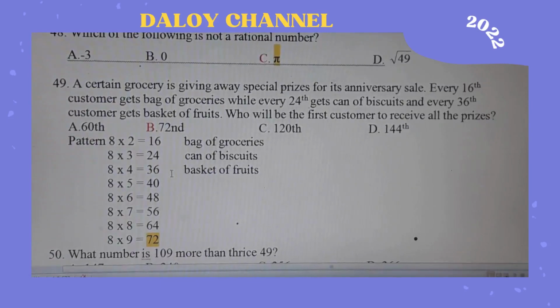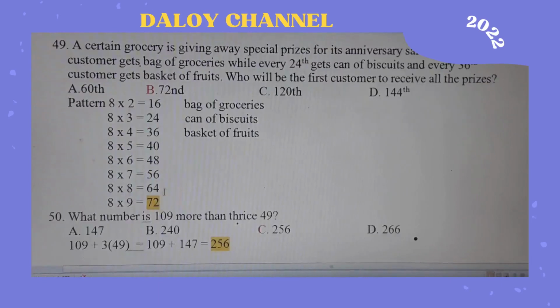Now, to the question who will be the first customer to receive all the prizes, by continuing the pattern, we come out with multiplying 8 times 9, which is equal to 72.